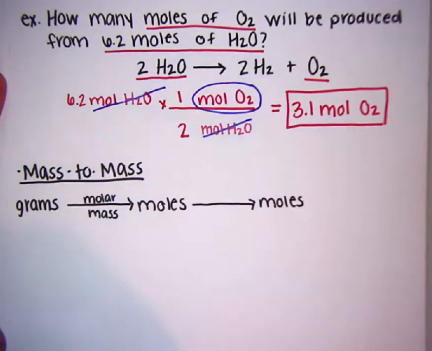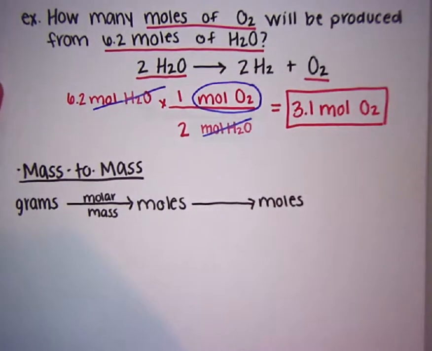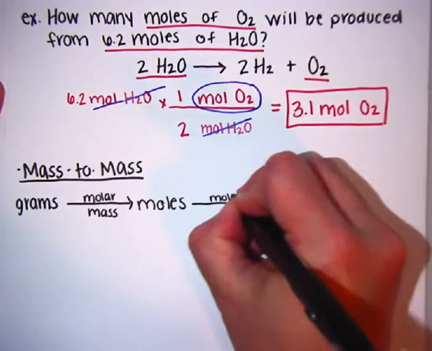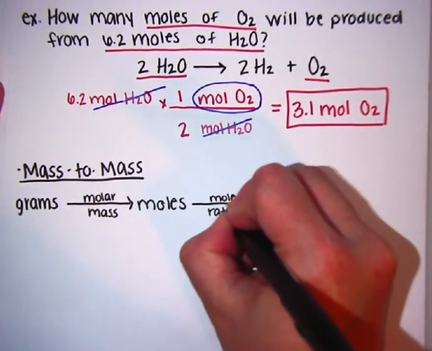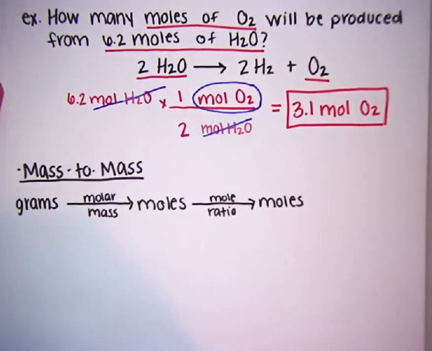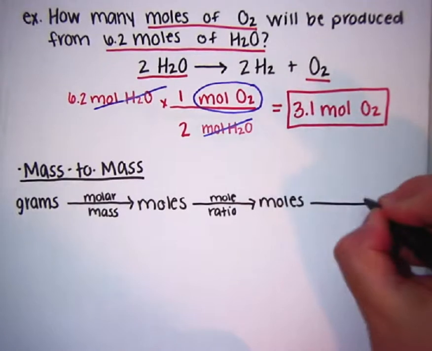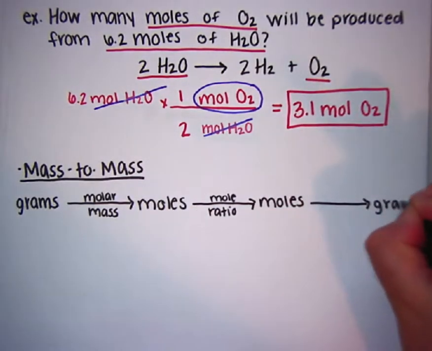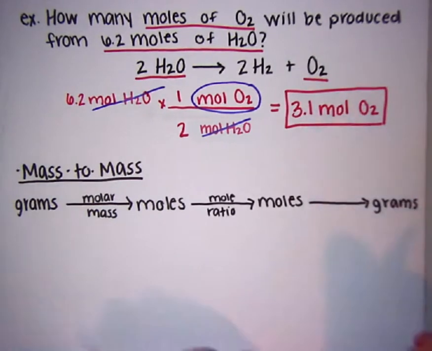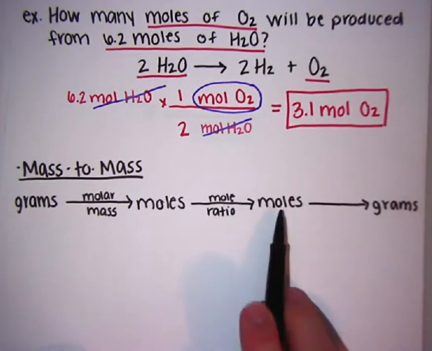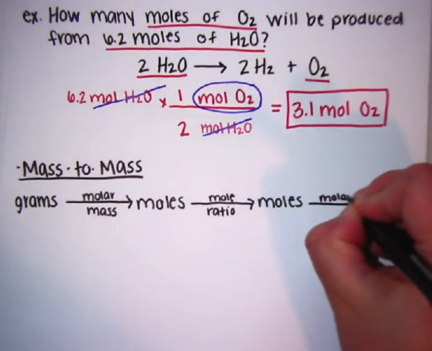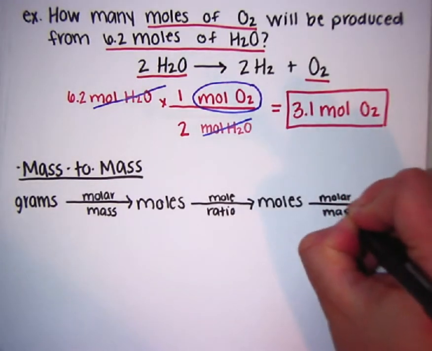Then we are going to convert from the given substance to what we're solving for using the mole ratio. Once we have moles of what we are solving for, we want to get back to mass. So again, just think about your conversion factors. If you have moles and we're solving for grams, the conversion factor is molar mass.